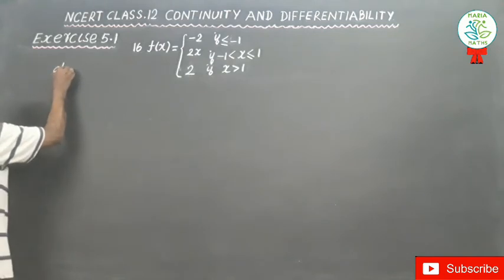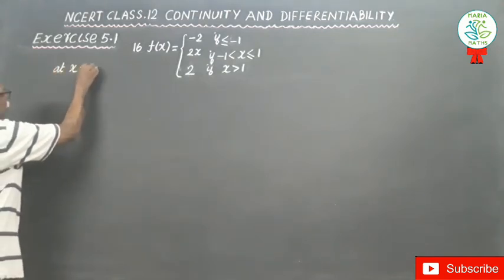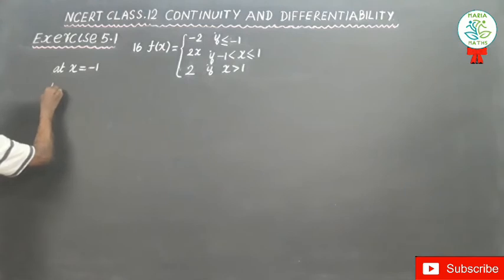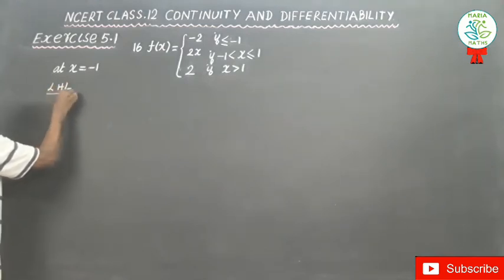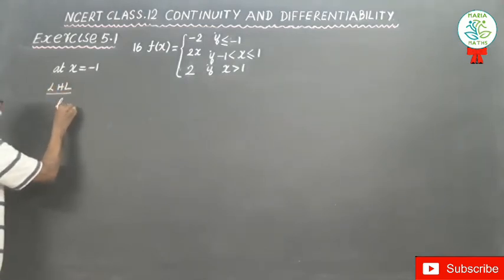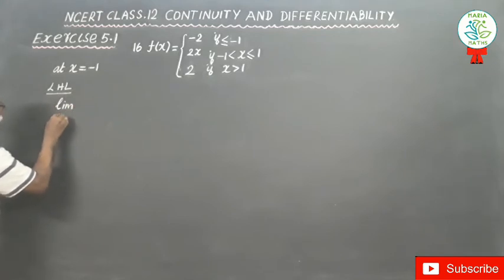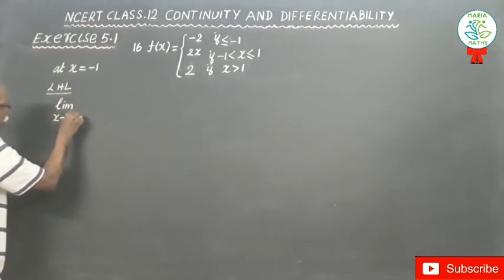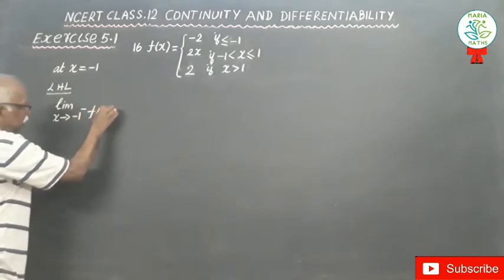At x is equal to minus 1, LHL: limit x tends to minus 1 minus f of x.